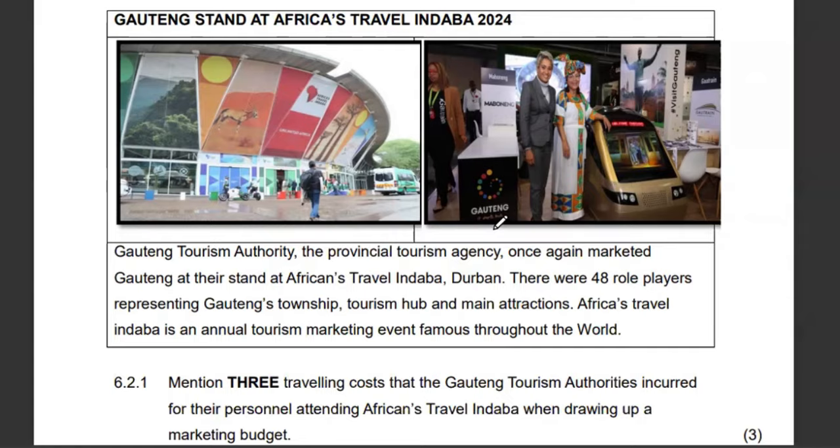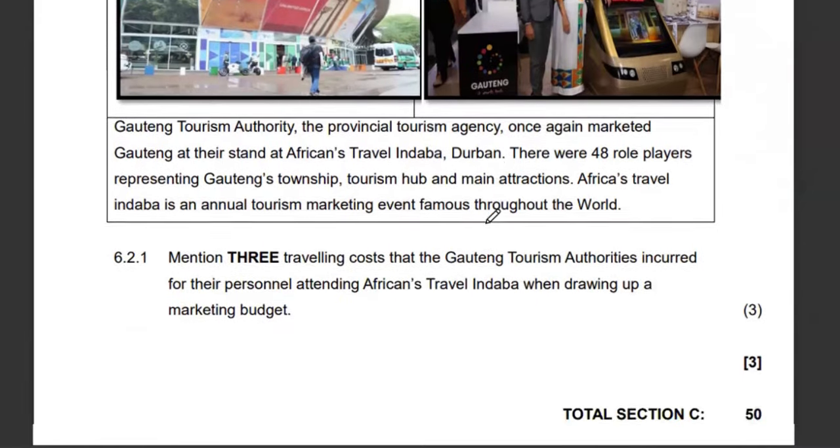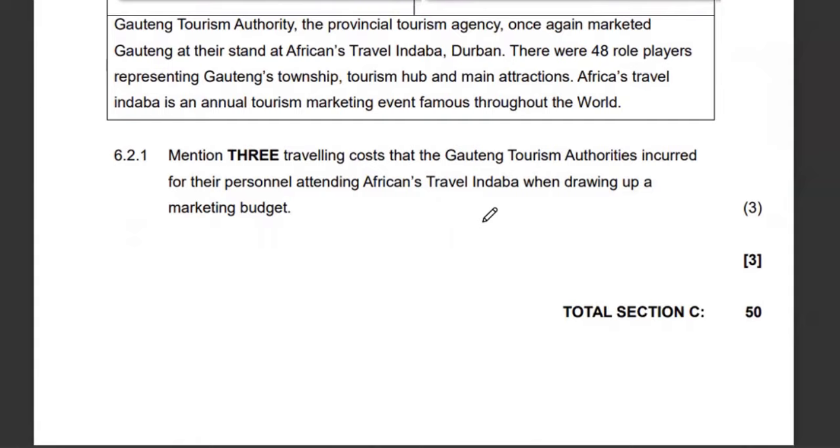There were 48 role players representing Gauteng's township, tourism hub and main attractions. Africa's Travel Indaba is an annual tourism marketing event that is famous throughout the world. Mention 3 traveling costs that the Gauteng authorities incurred for their personal budget when attending the Africa's Travel Indaba when drawing up a marketing budget.